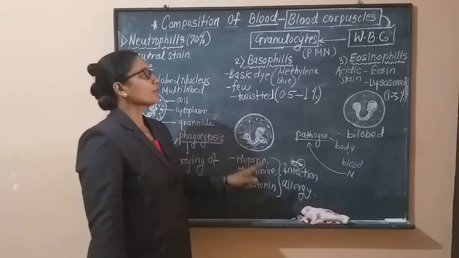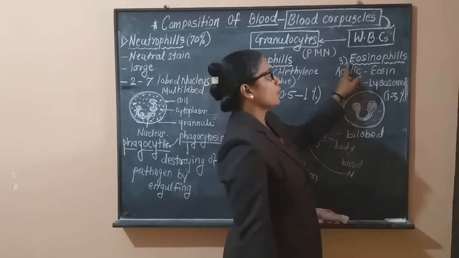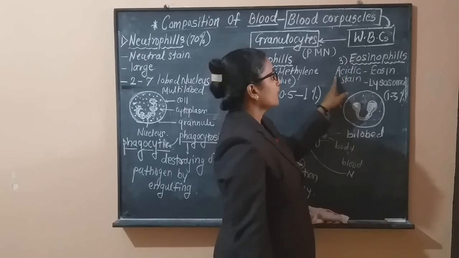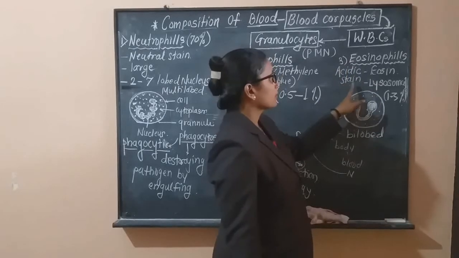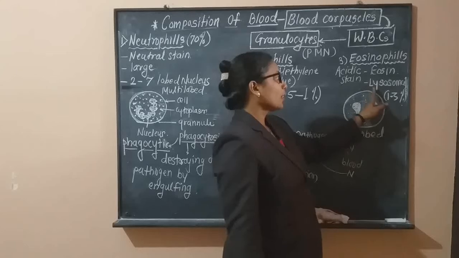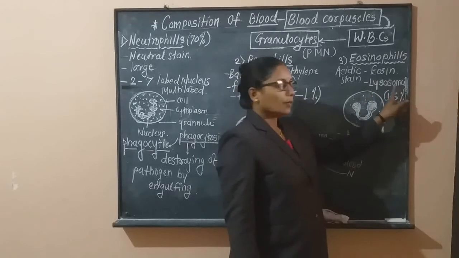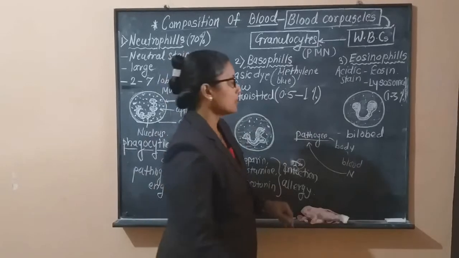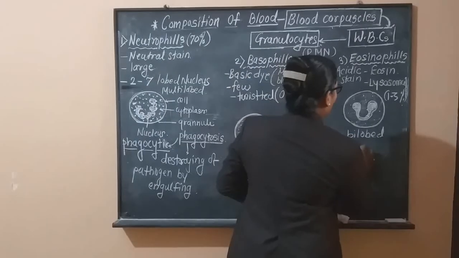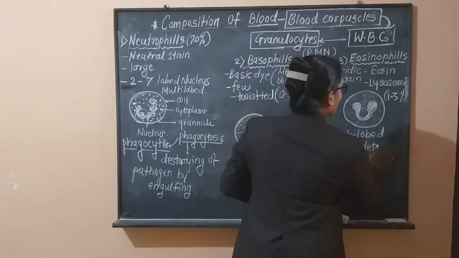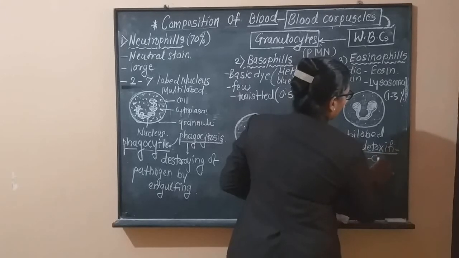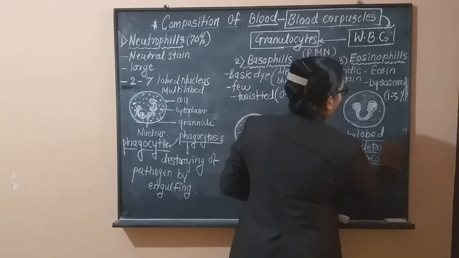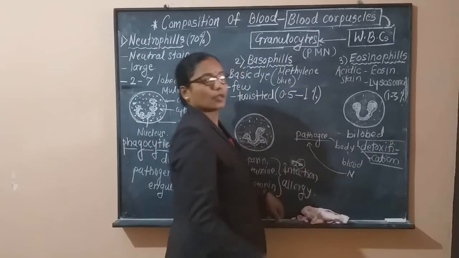Okay. Now the third type is the eosinophil. These are stained with acidic dyes, that is eosin. This consists of lysosomal granules and such type of nucleus, that is bilobed nucleus, and these eosinophils are very important in the process of detoxification. Which process? Detoxification.